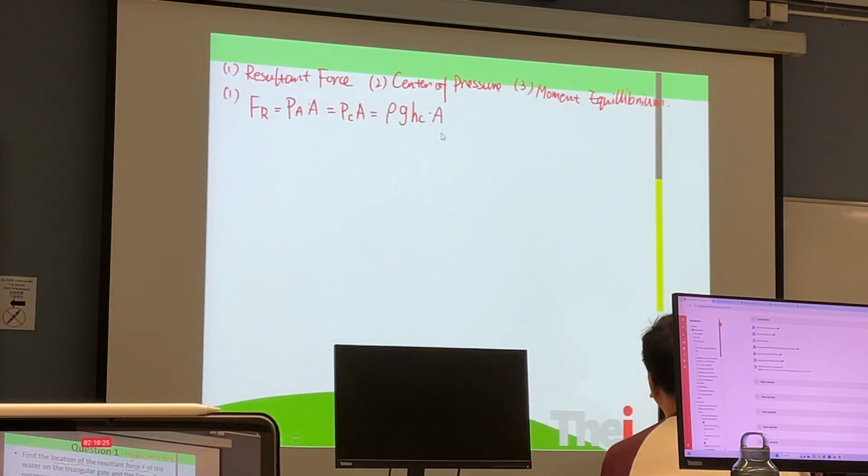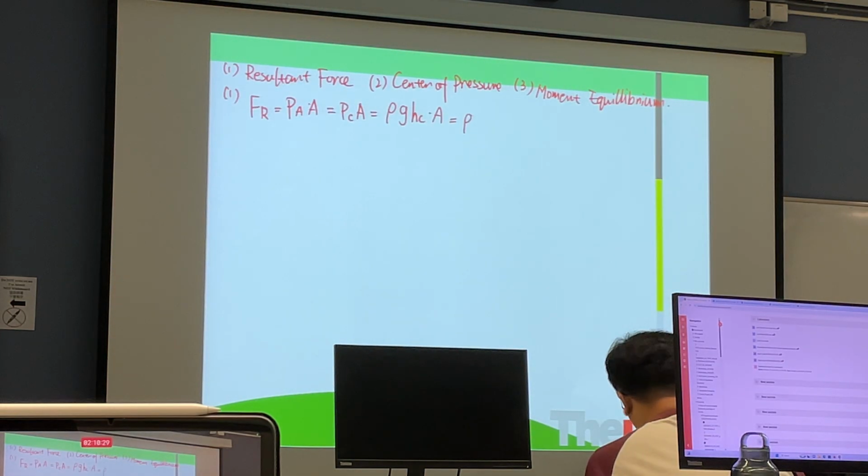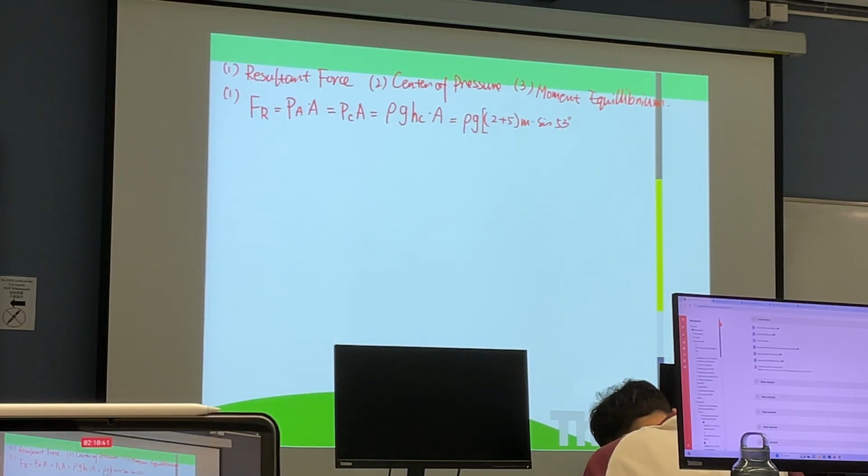So HC is 2 plus 5 meters times the sine 53 degrees. HC can be calculated this way.